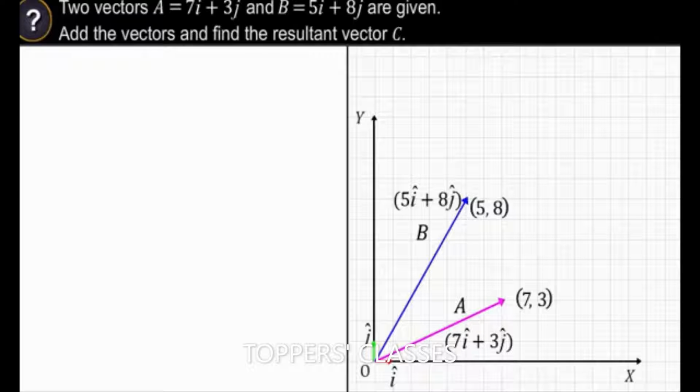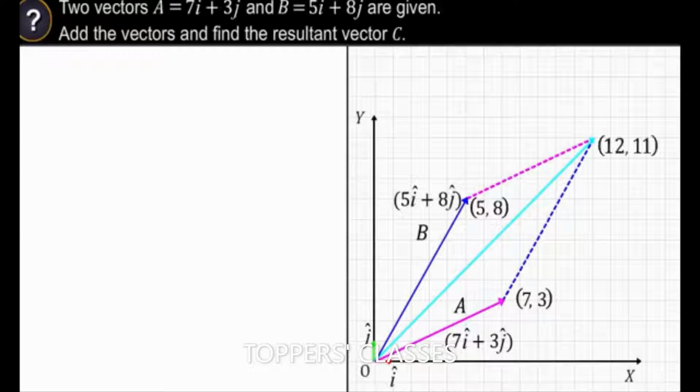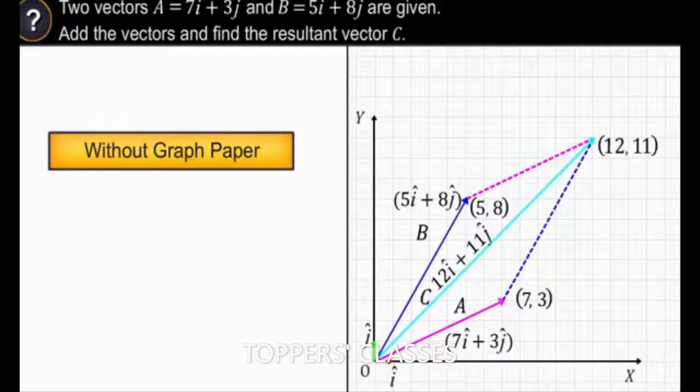This diagonal represents the required resultant vector C. Check the coordinates of the arrowhead point of C, which should be 12, 11. You can also solve this problem without graph paper. You need to simply add the coefficients of i and j as shown here. However, representing the given vectors on graph paper helps you visualize the procedure.